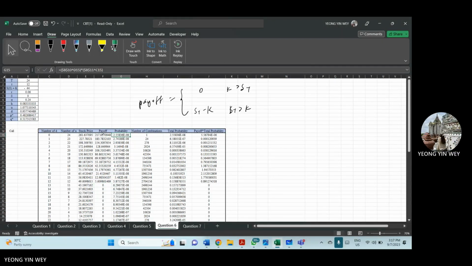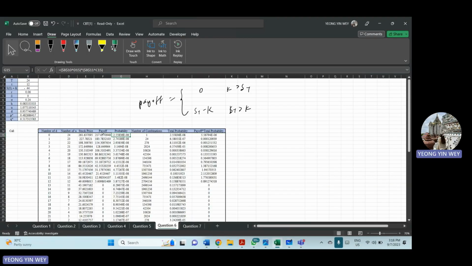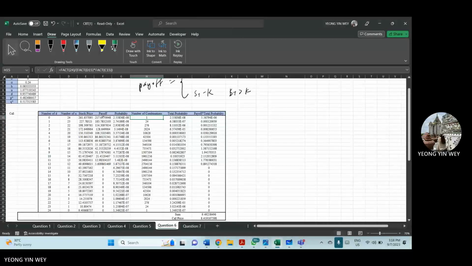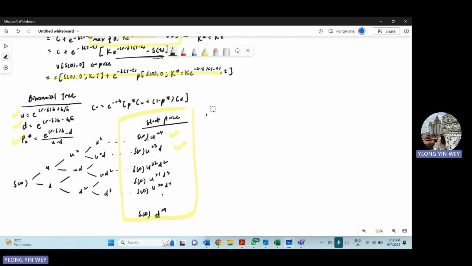Okay, for the probability part, we are just calculating the probability of this U24, U23D. So the probability of U24 is P to the power of number of U times Q to the power of number of D. Okay, so the number of combinations.